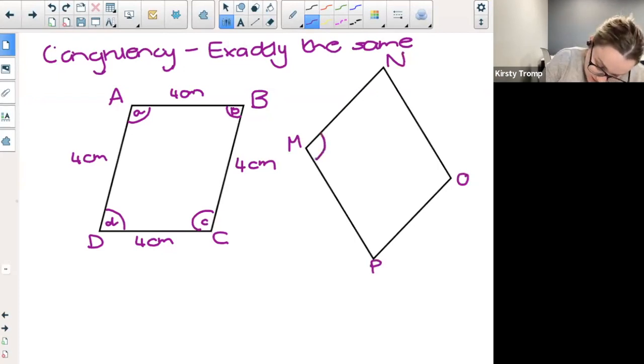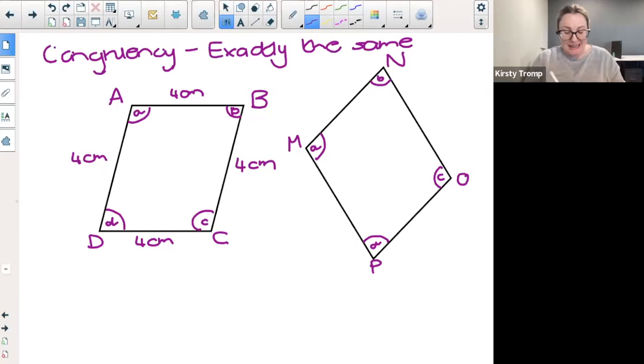It's still got angles, so here are the angles. All right, but this angle here is still the same size as angle A. This one here is still the same size as angle B, still the same size as angle C, and still the same size as angle D. Now, if the shapes are exactly the same, what else do I know?